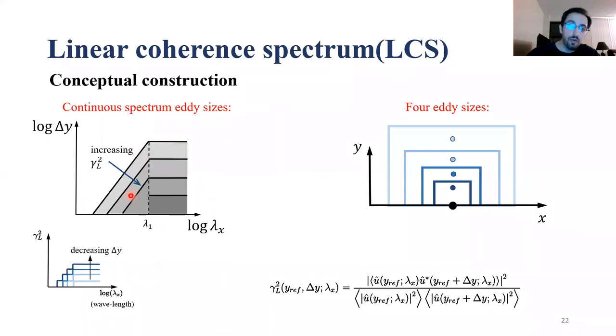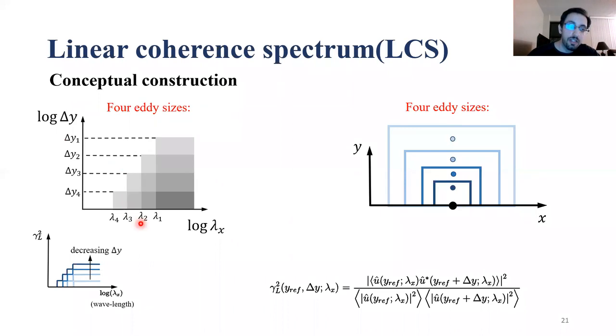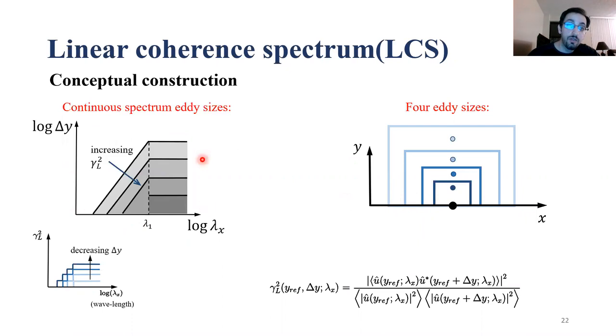And another important point here is that in this staircase type of isocontours, we could see lambda 1, lambda 2, lambda 3, and lambda 4, which are associated with these 4 hierarchy of eddies. However, when we have a continuous spectrum of eddy sizes, the only wavelength that is visually distinguishable is lambda 1, which is associated with the largest eddy size.